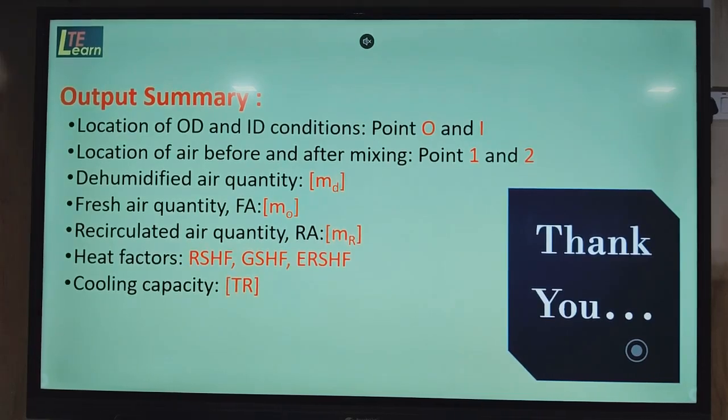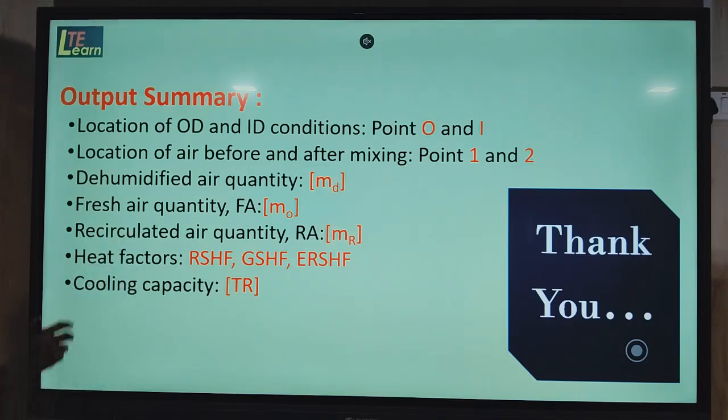So as a summary, we obtained the procedure to locate the outdoor and indoor conditions from the given data, that is points O and I. Then we also studied how to locate the condition of air before and after the mixing chamber, that is points 1 and 2.